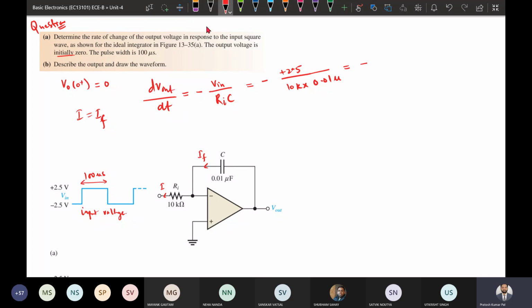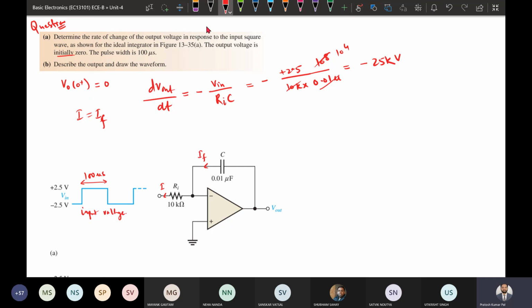So 10 to the power 6, 10 to the power 8 will be there here, and it comes out to 10 to the power 4. If we multiply, it will be 25k. So it is 25 kilovolt.